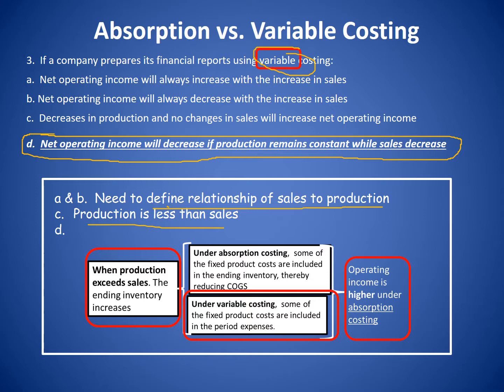So in this case, net operating income will decrease if production remains constant while sales decrease.